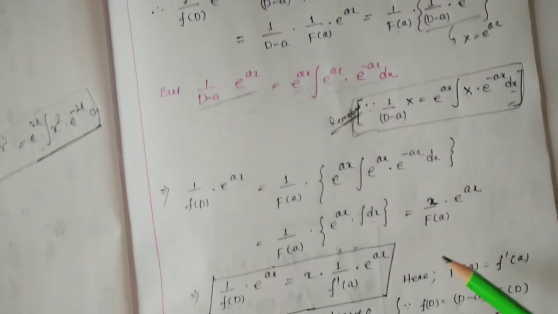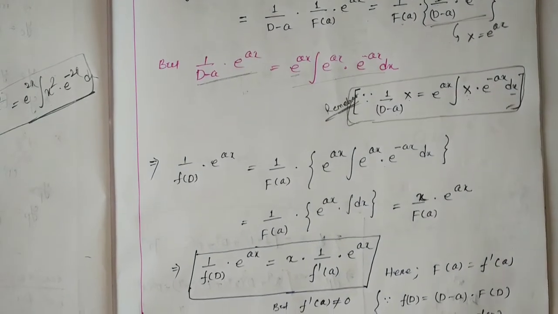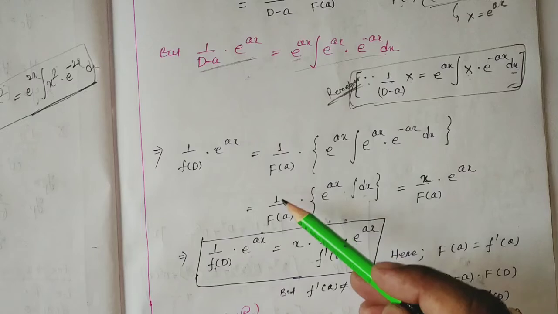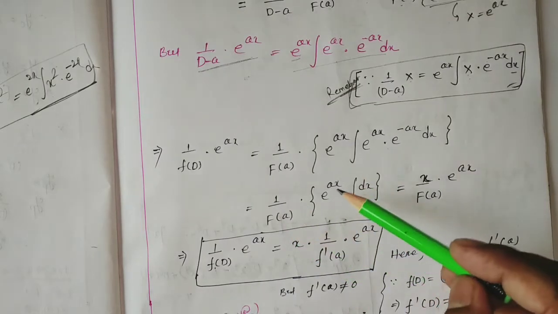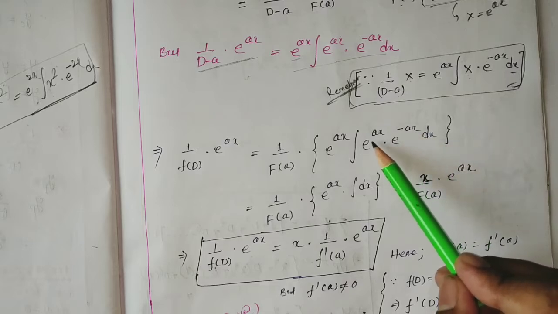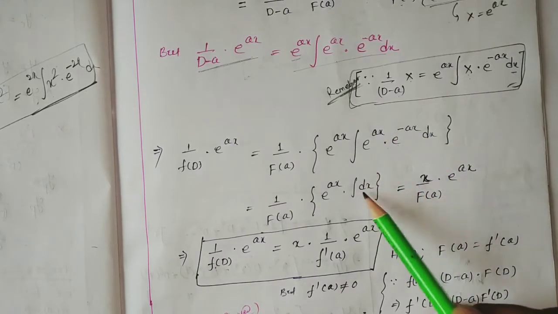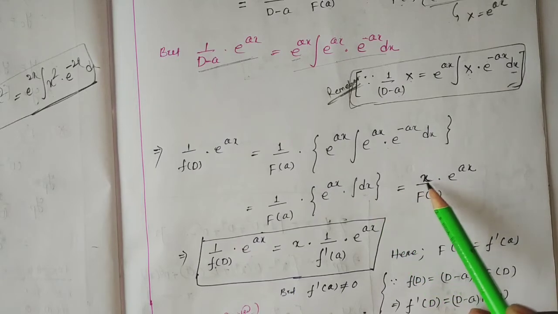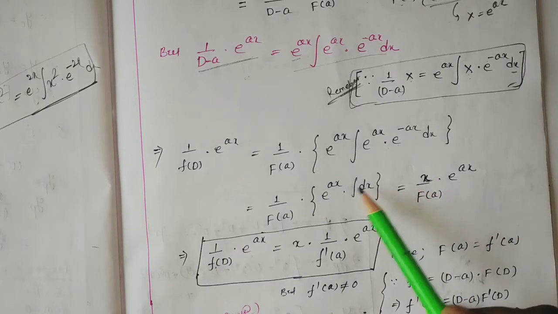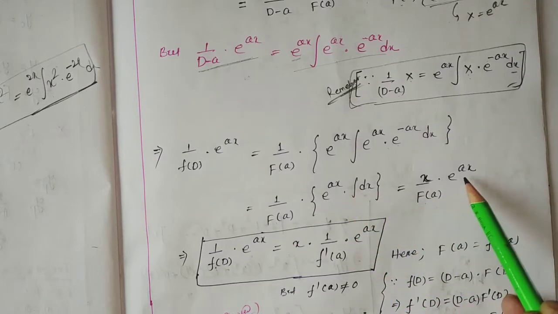Now here e to the power x into e to the power minus x is e to the power 0, which is 1, so we have dx, and the integration of dx is x. So we got x by F of a, into e to the power x.